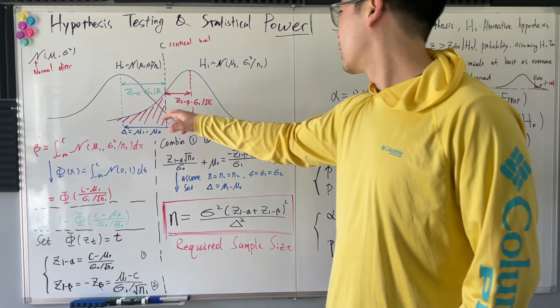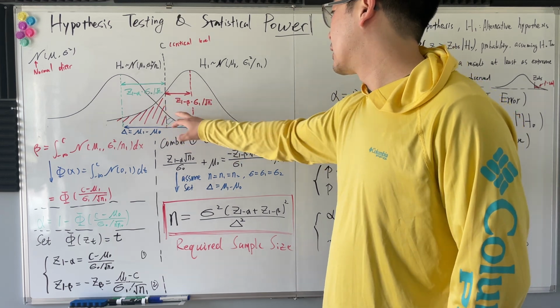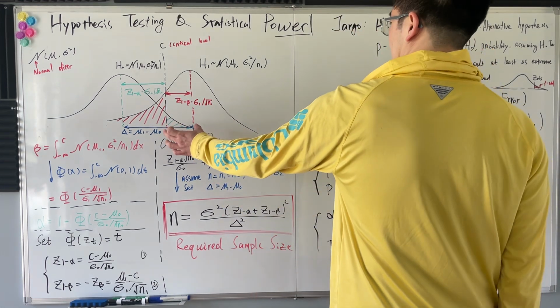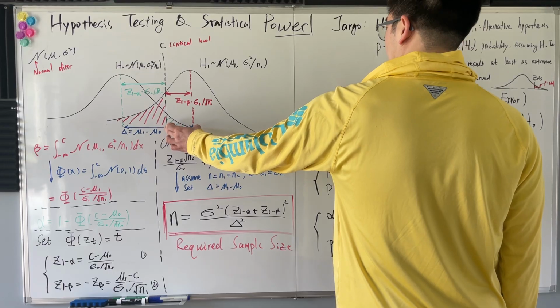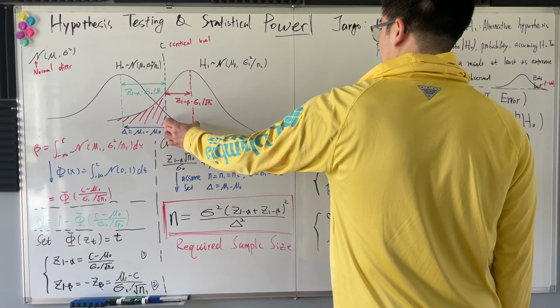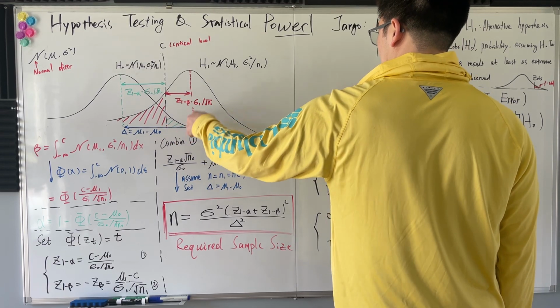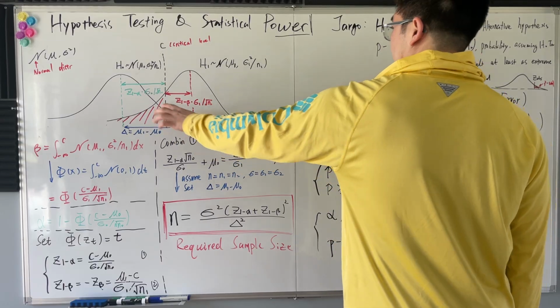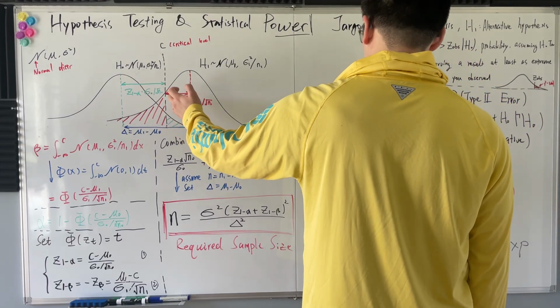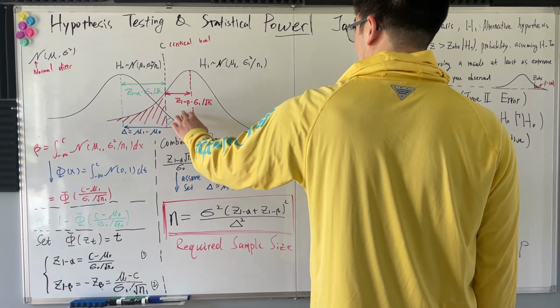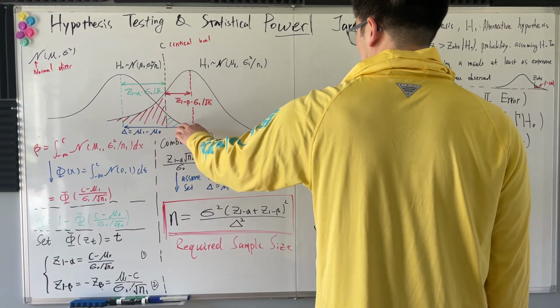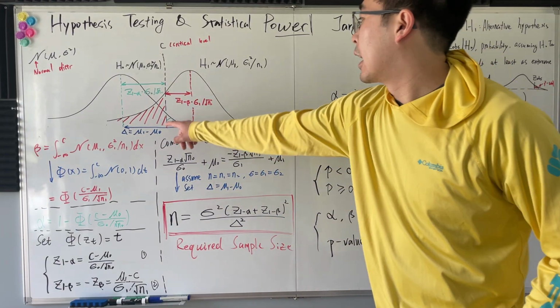Put in words, the green shaded area is the probability that H naught is true but you still reject H naught, which is the area here.